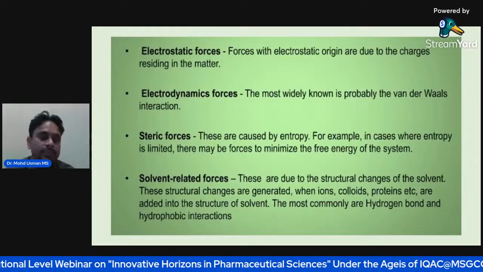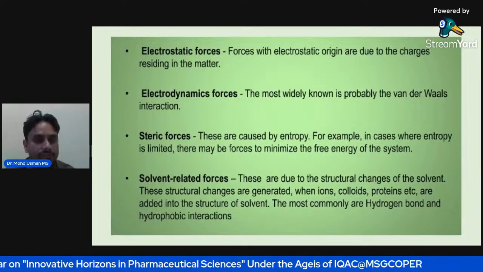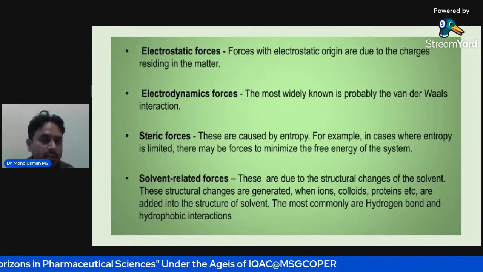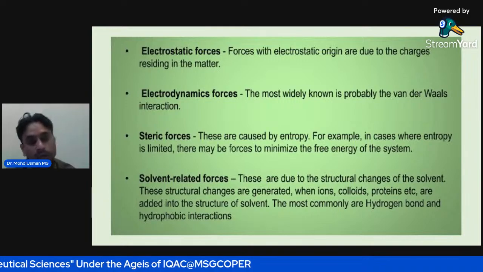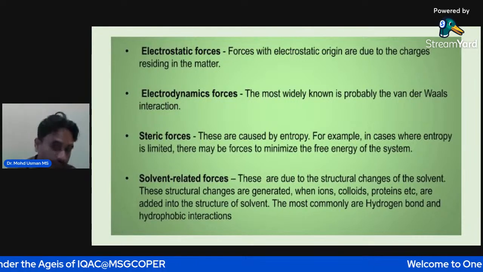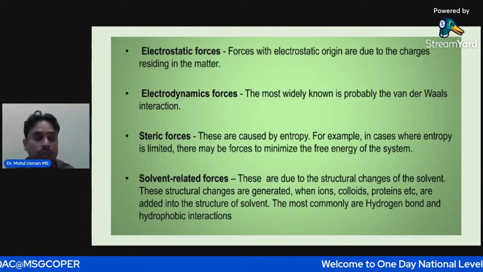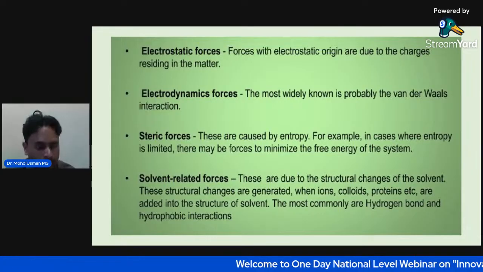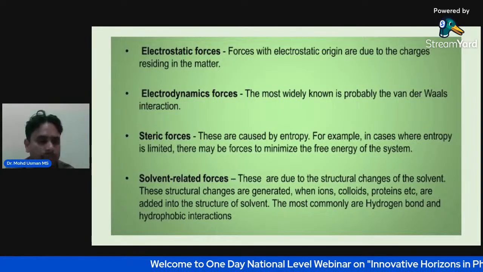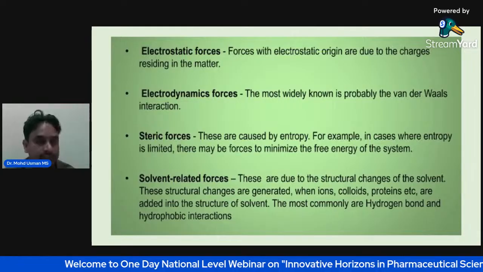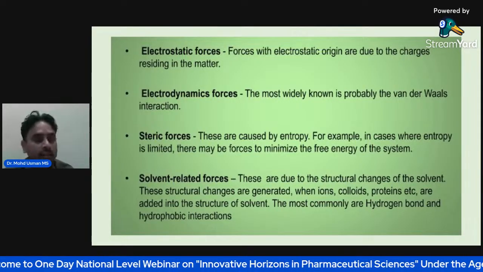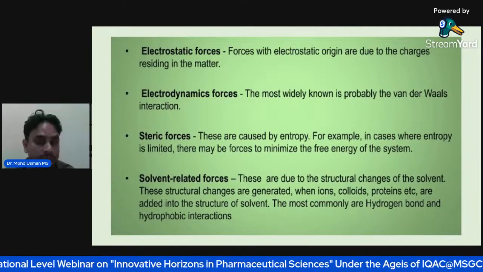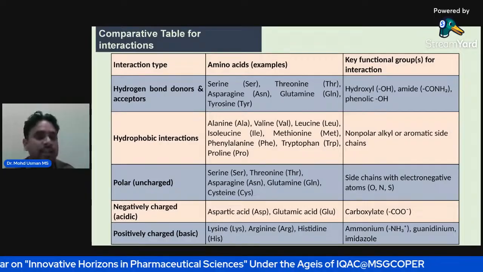First one is electrostatic forces due to charge, electrodynamic forces due to van der Waals interaction, steric forces due to bulkier groups, solvent related forces, polar interaction, and it may be hydrophobic interaction. Okay, so these are the different interactions.